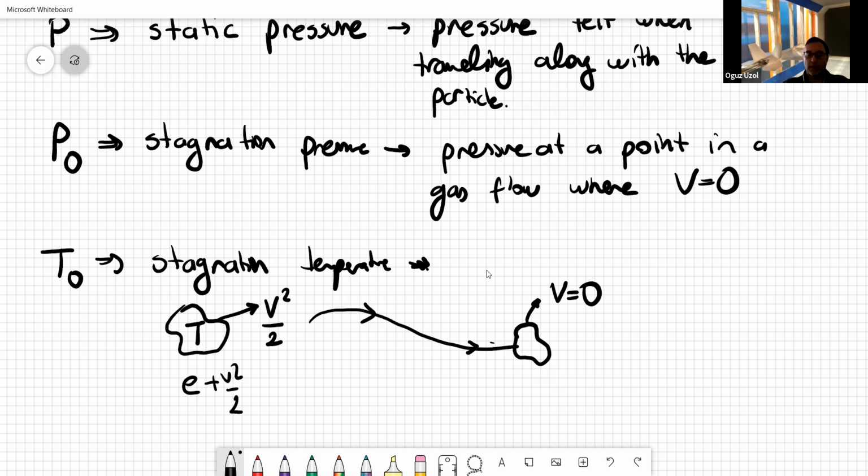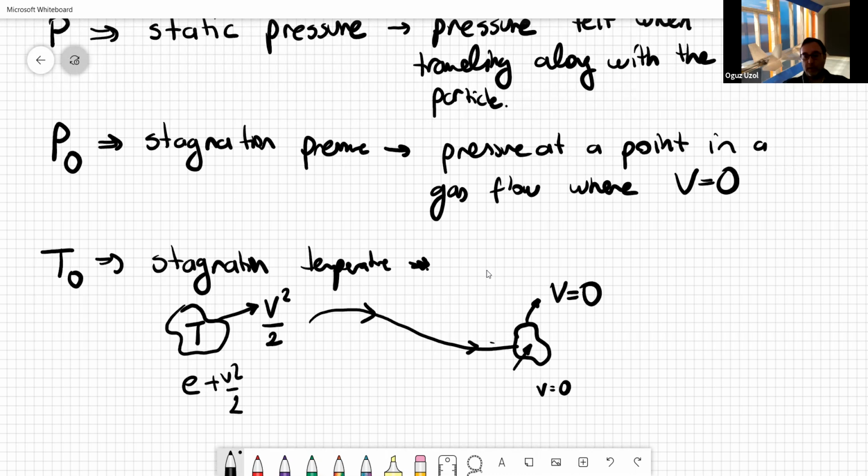Now, I know energy should be conserved. Now the velocity has become equal to zero. Then what will happen to all this energy? I mean, the kinetic energy is zero now. So what should happen, as you might guess now, is that its internal energy level will increase.